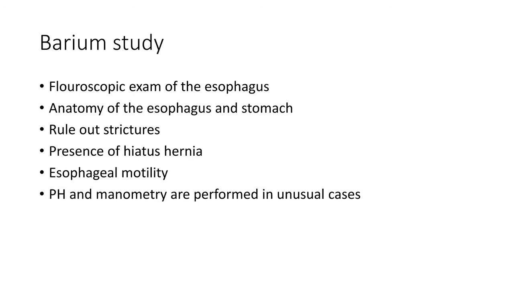The other thing that we need to mention is that pH studies or manometry are not done on a routine basis. They are specialist indications, and at your level as medical students, I wouldn't worry about them too much. We do them in the unusual cases where the diagnosis is not clear.